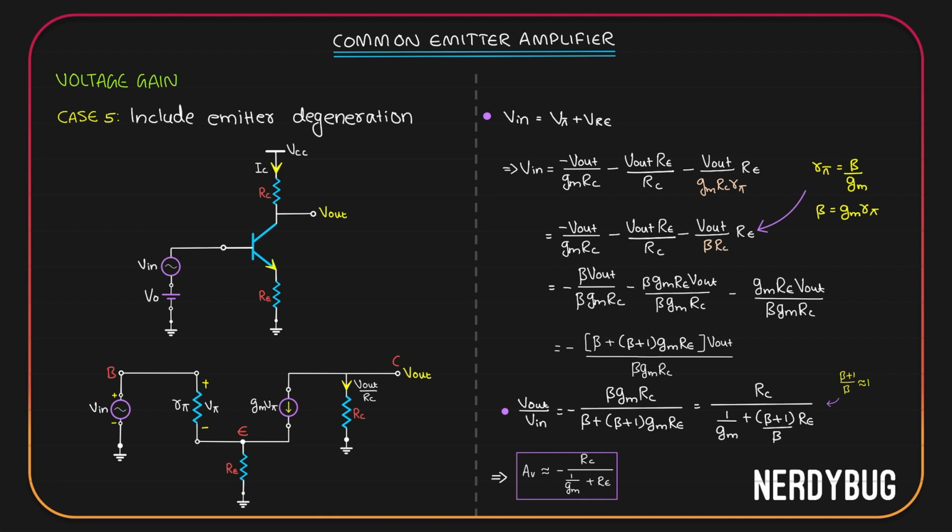Obviously, the change in the transconductance does not affect the gain very much. Also, while designing, if you make sure that RE is very much greater than the value of 1 by gm, in the denominator, 1 by gm plus RE can be approximated to just RE, and the equation for the gain will become minus RC by RE, completely independent of gm.